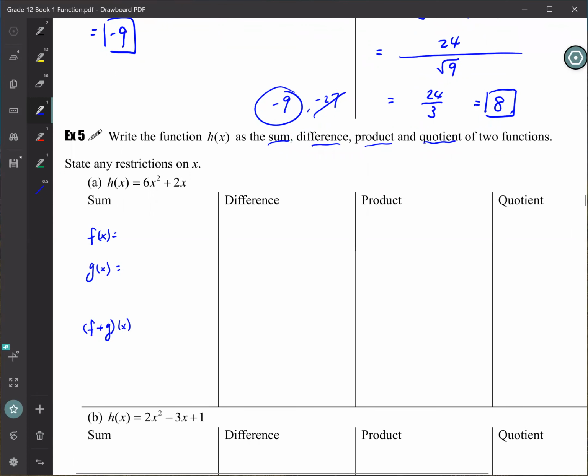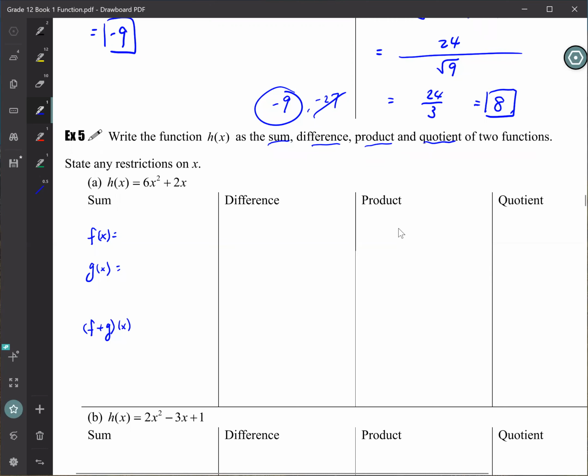So for example, I want to break up h of x. H of x is the result of adding. So Donna, what do you want the first function to be? What do you want the f of x to be? You don't know?